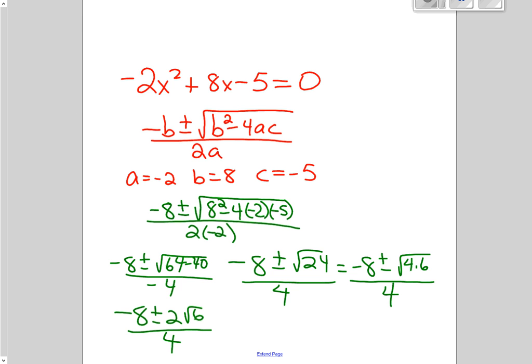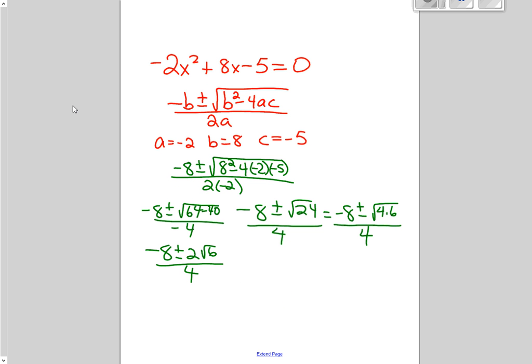Now, when you go to simplify this, which you can, because you notice the 8 is an even number, the 2 is an even number, and the 4 is an even number, they all have to divide into each other in order to simplify. So I can't just divide the 4 and the 8. Mathematically, that is not allowed, because technically, this is what you have. Okay? So it's almost like you can split it up.